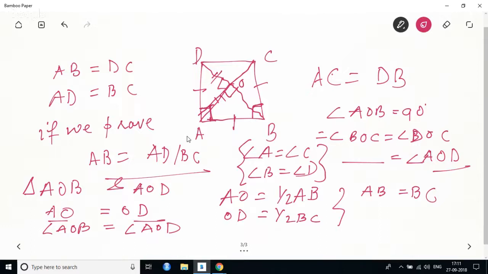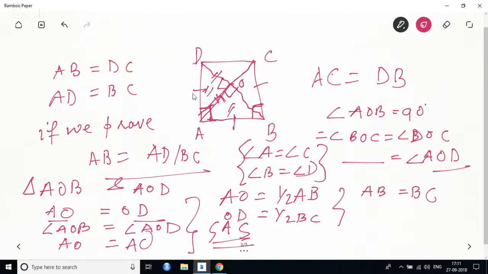AO is equal to, no, one second. I can also write that AO is equal to AO because AO is common to both of them. So I am proving the SAS congruency here. So by SAS congruency, what I'm trying to prove is that these two triangles are congruent, as simple as that.